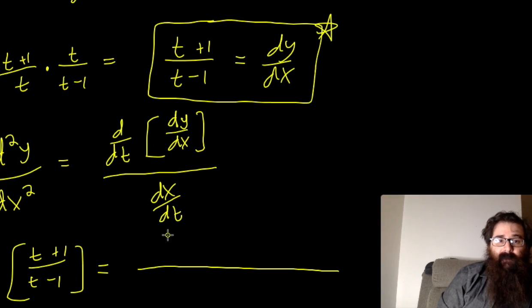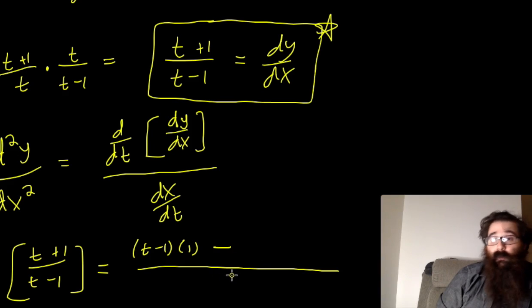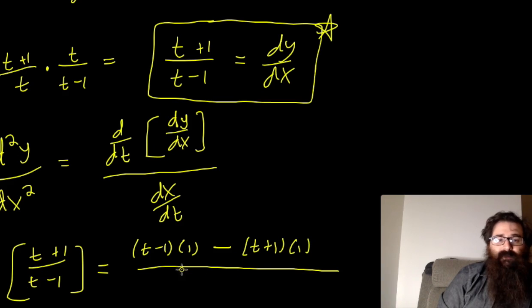So whatever the denominator is, write that up top first, t minus 1, times the derivative of the numerator. Derivative of t plus 1 with respect to t gives me 1. I want to subtract away from this. Now I want to do the opposite. I'm going to rewrite the old numerator, that's t plus 1, times the derivative of the denominator. Derivative of t minus 1 gives me 1. And then this is all divided by the old denominator squared, (t minus 1) squared.